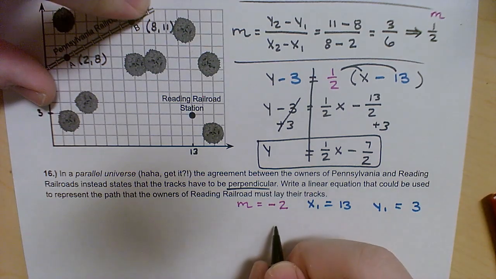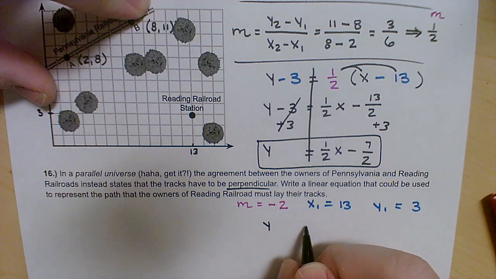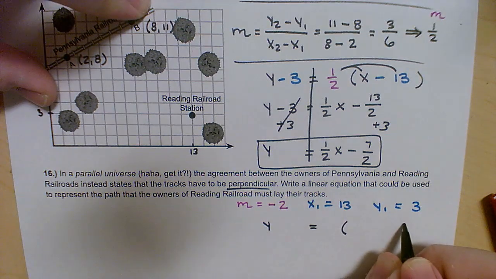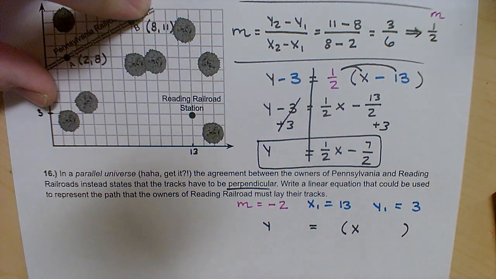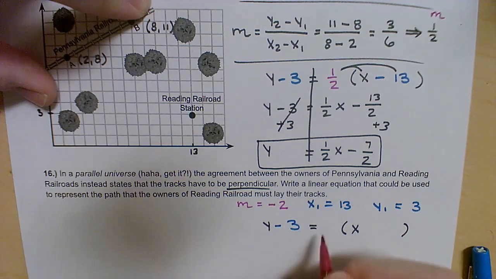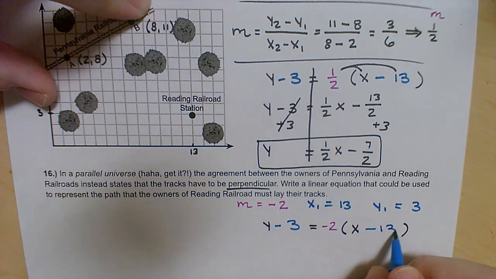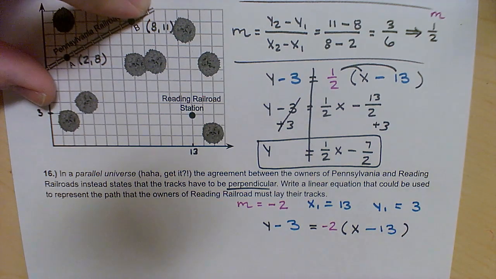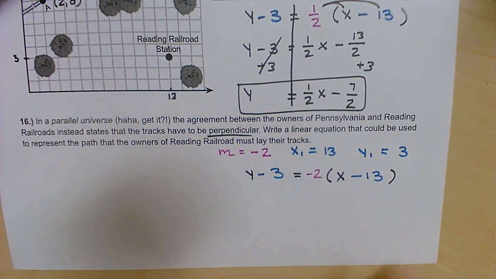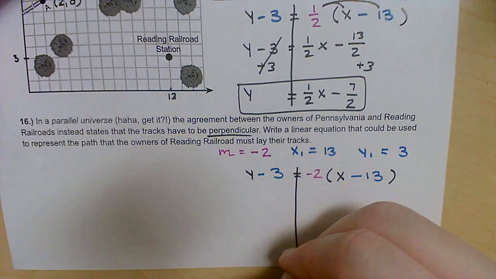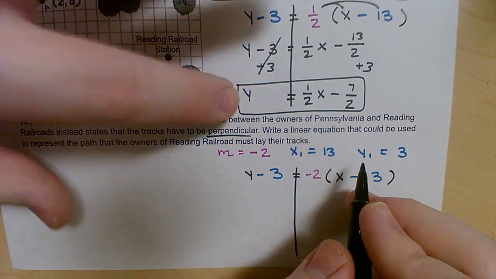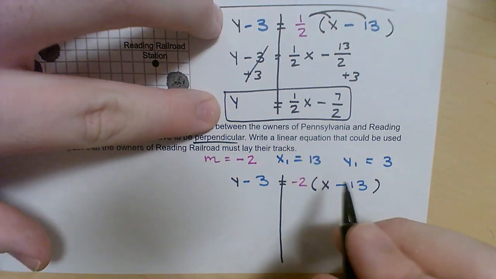Okay? So, set up point slope form. We get y minus 3 equals negative 2 times x minus 13. So believe it or not, this felt like it was going to be, oh my goodness, a whole entire new question. It really wasn't all that much work. It's the same thing that we did right here, just a different slope.